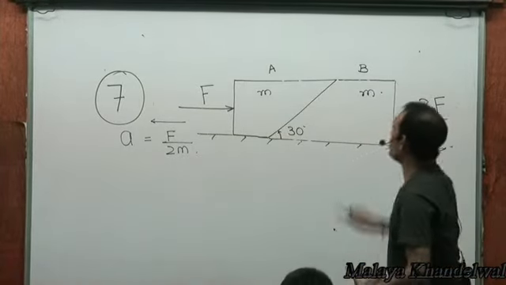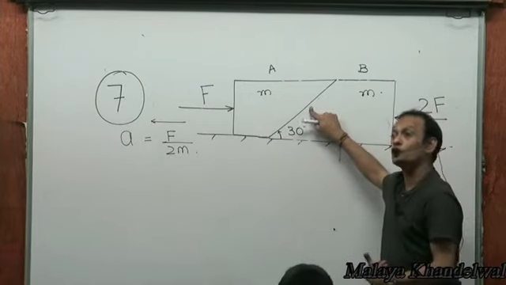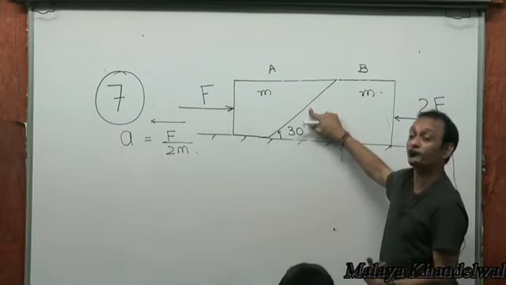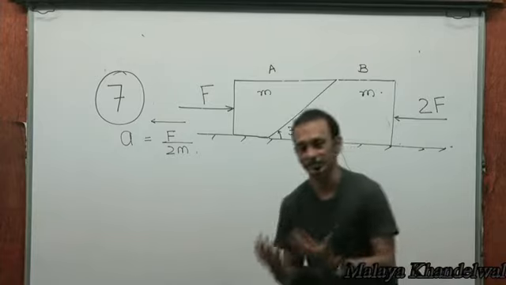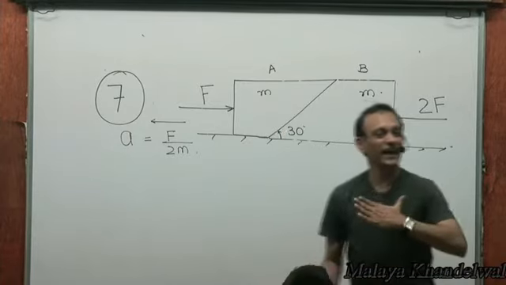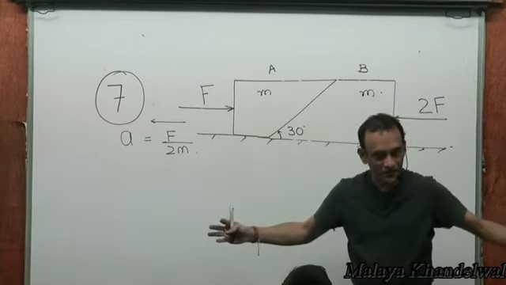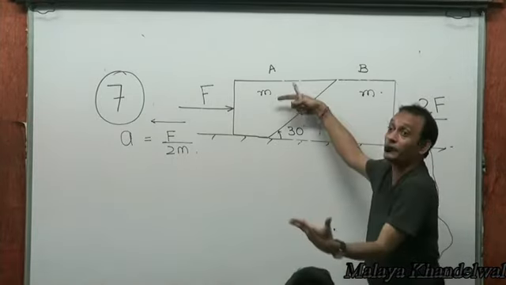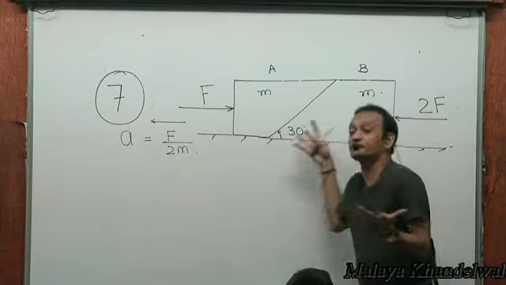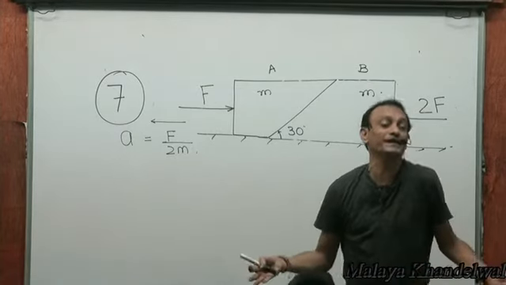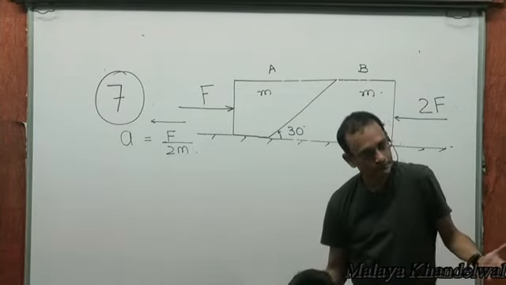Now I seek to know what is happening at this interface. So if I seek to know what is happening at their interface, I will have to cut this open here, create a partition, and then look at the free body diagram of A alone or B alone. That's the only way I can expose what is happening at the interface, right?